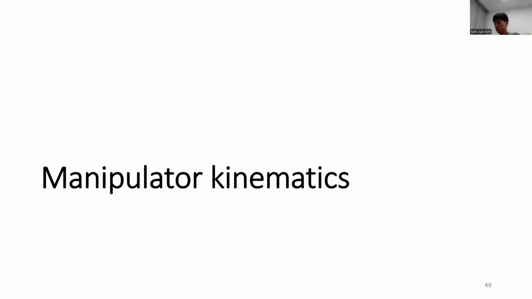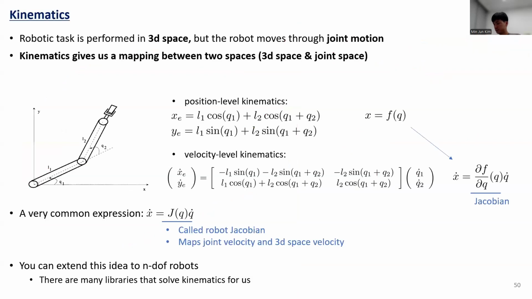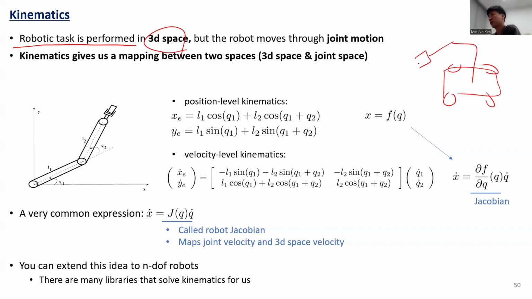Okay, so the last part is manipulator kinematics. So the motivation is as follows. The robot task is performed in 3D space. So we have a robotic system, a mobile base, a manipulator and gripper here, and we have an object here.